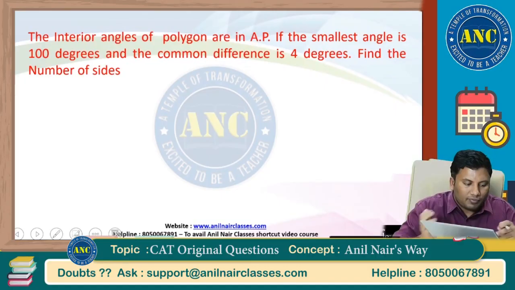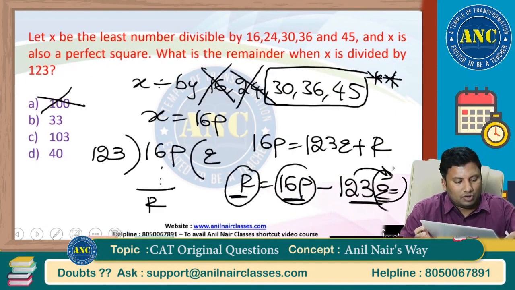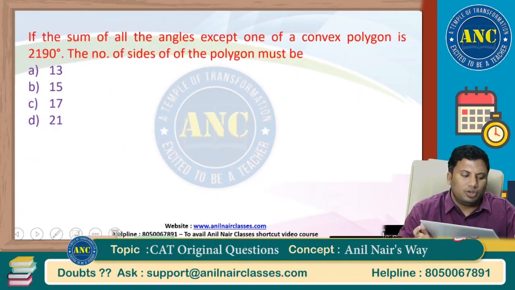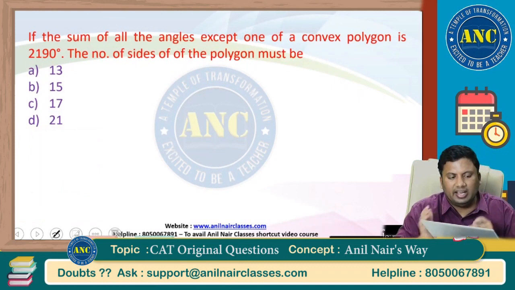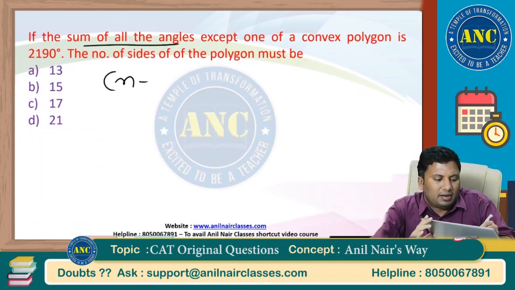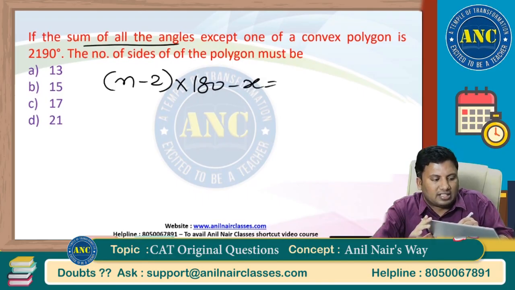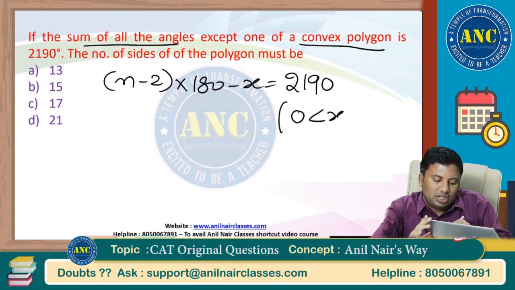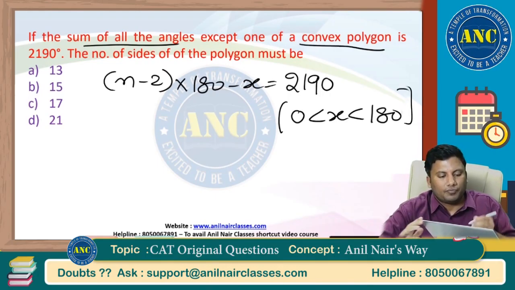Now see this question. Now you can solve this question very easily. Sum of all the angles, it is (n minus 2) into 180 minus x equivalent to 2190. It is convex, so 0 less than x less than 180.